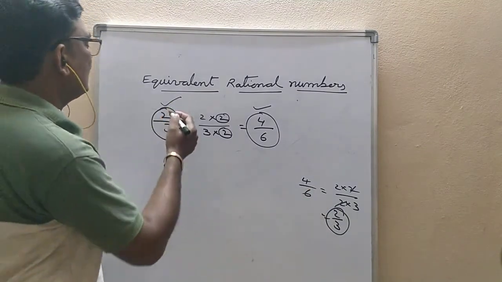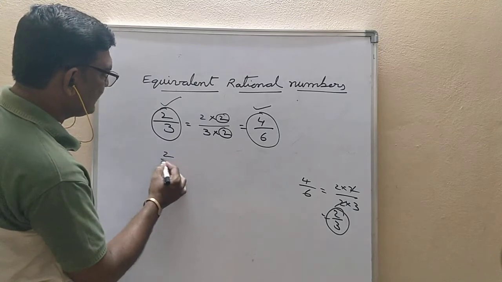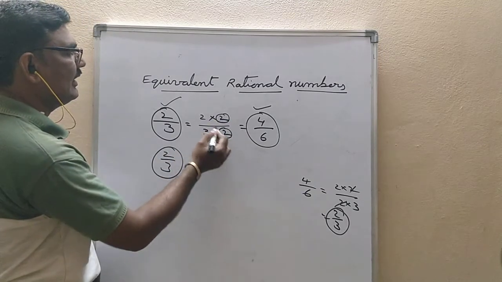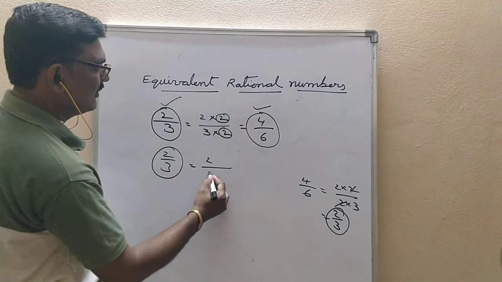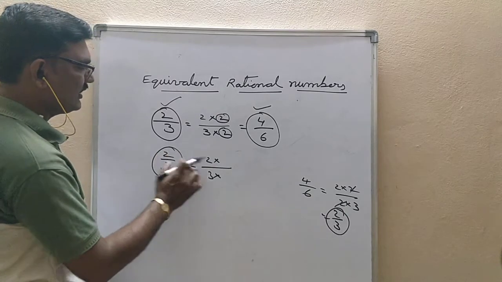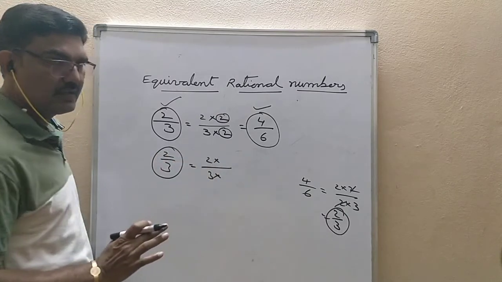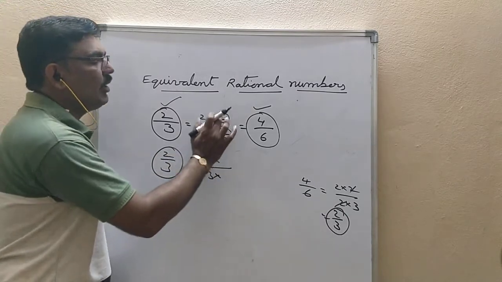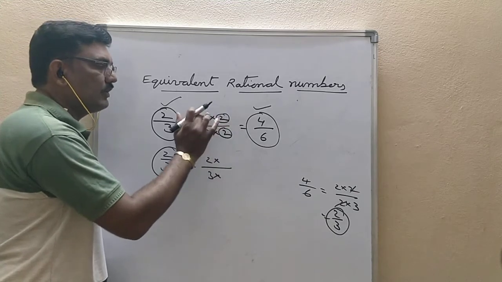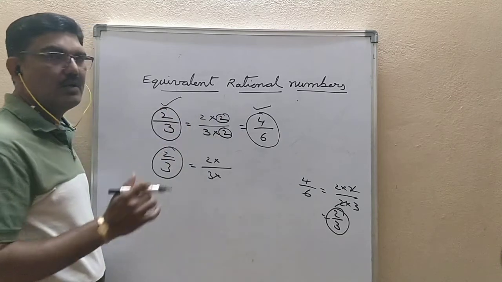Now come to 2 by 3 only, the same rational number I am taking. I wrote 2 by 3 only, the same. With a common number, what common number did you multiply here? 2. This 2 you multiplied with the numerator, the same 2 you multiplied with the denominator.